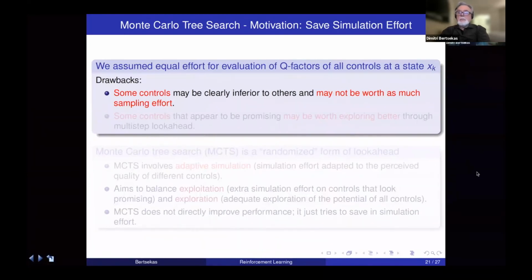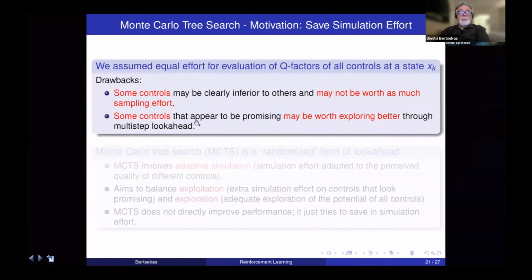We may not need to calculate the Q factors of these controls very accurately, because after a few simulation runs, they look so bad that we don't want to bother with them. Also, we may have some kind of heuristic criterion to decide which controls are clearly inferior. So that's one game that we can try to play.